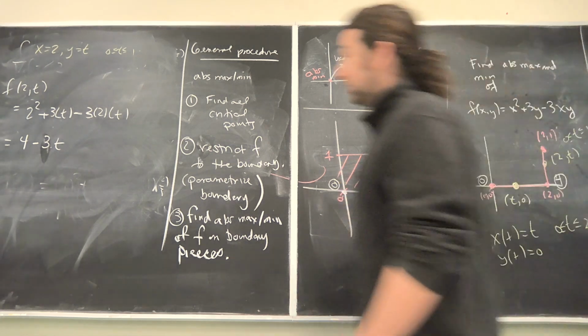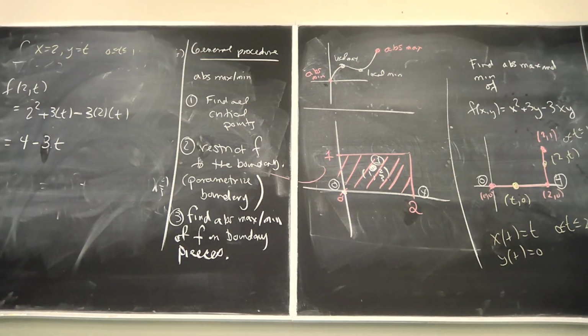Well, this one's pretty easy because last time I checked, a line with negative slope probably has its maximum point when t is equal to 0 and its minimum when t is equal to 1. There are no critical points for a line, right? So along that edge, the surface is just a line.